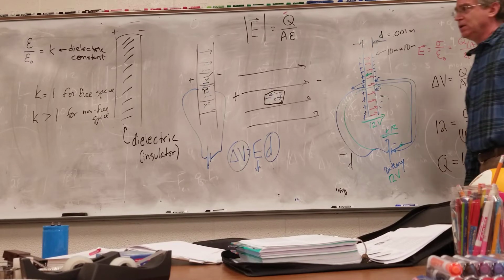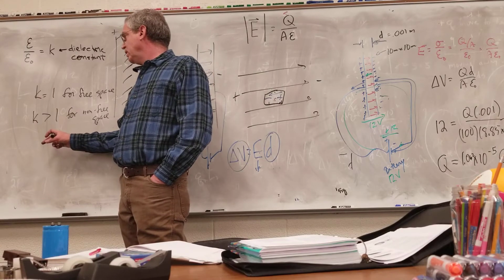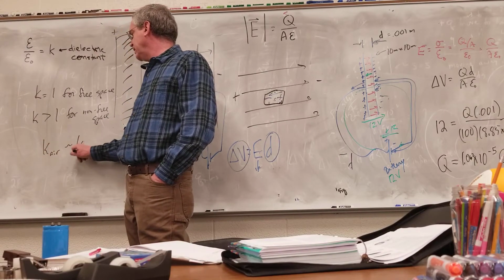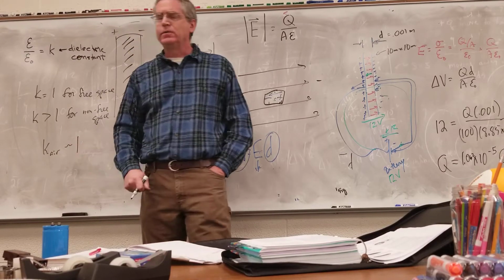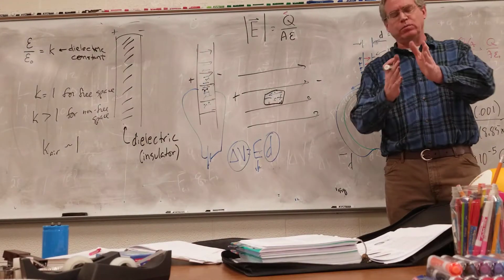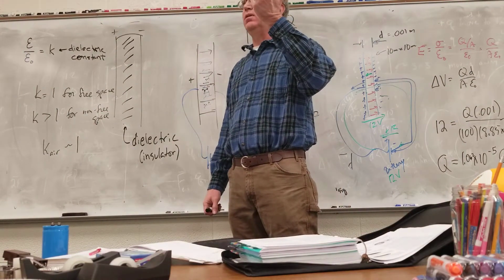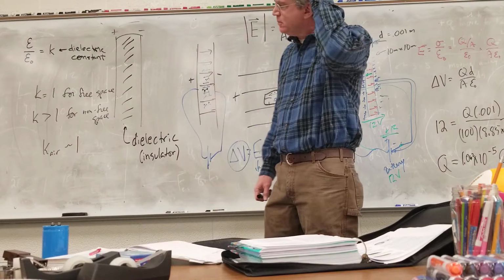Now K for air is approximately 1. So in the lab, we will assume that air is close enough to free space. It's 1.00009, something. For some reason, that's sticking in my head.